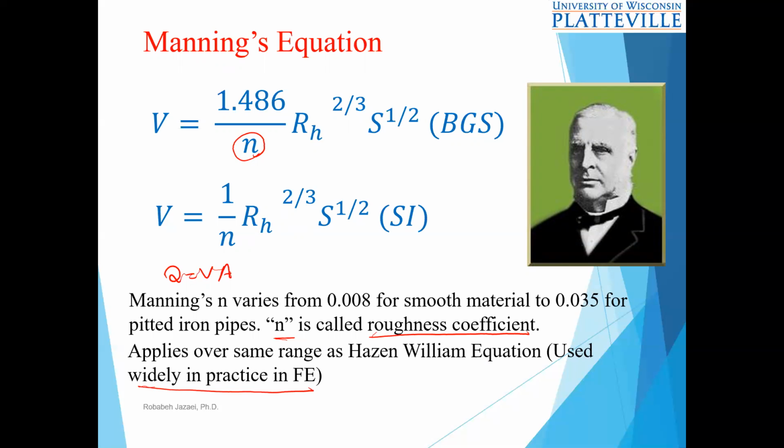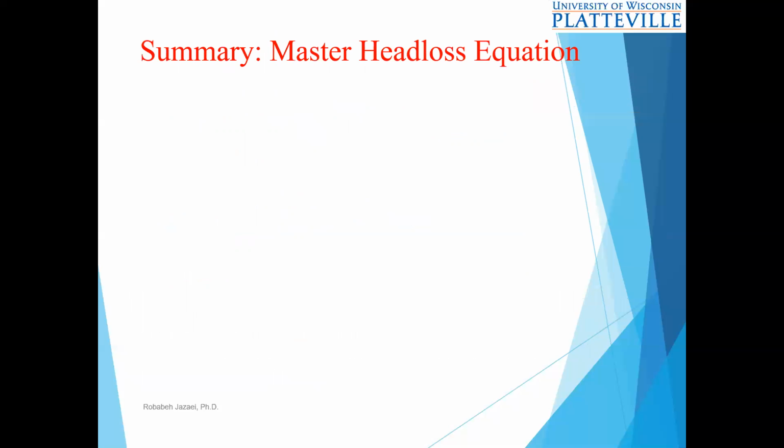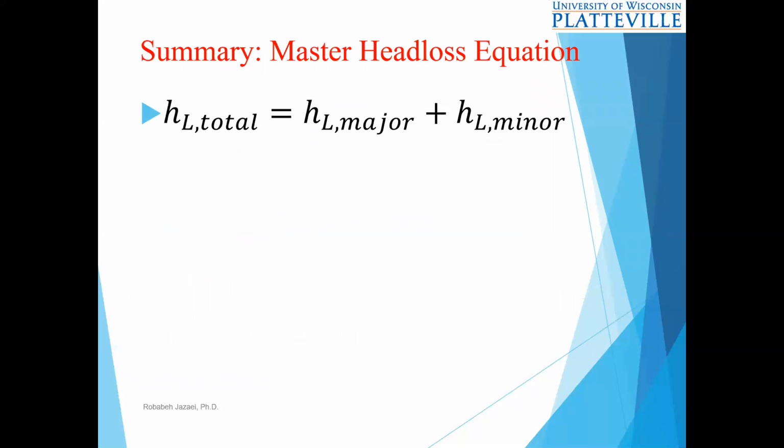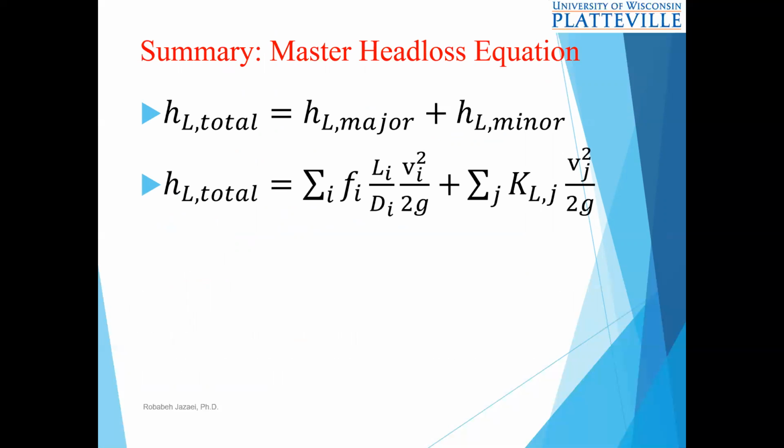All right, let's summarize what we learned today and then solve an example. We learned about total head loss. It's major loss plus minor loss. How to find major loss? With the Darcy equation. How to find minor loss? First, find the coefficient of losses K_L from the textbook. This comes from a table in your textbook in chapter 8.